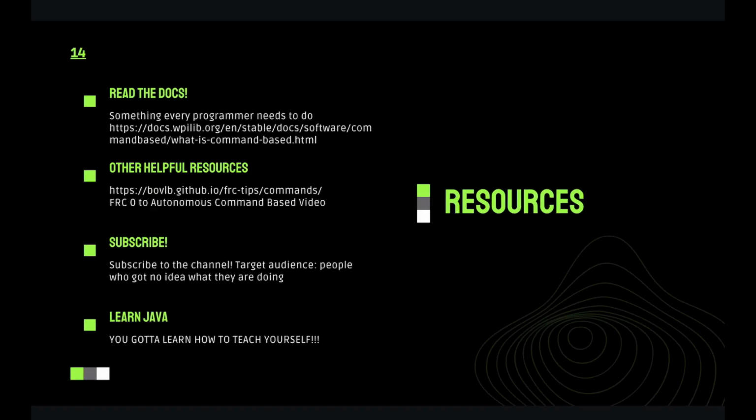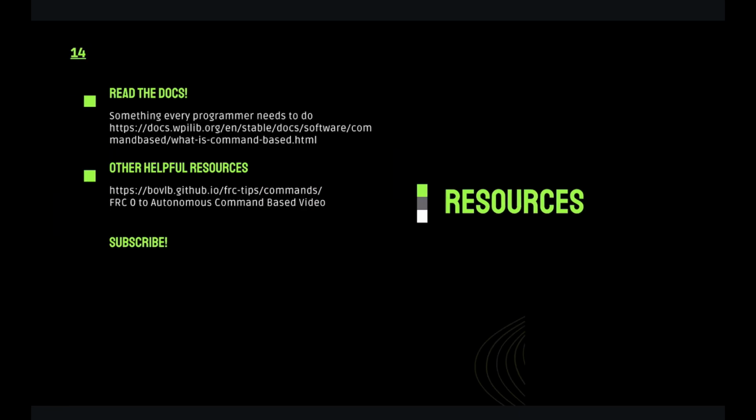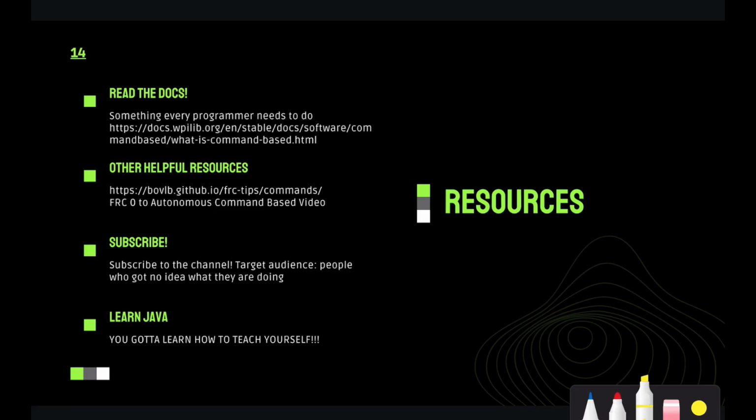Before we get into this tutorial, I want to specify some resources that will help you understand these concepts a lot better. The first thing I want to discuss is reading the documentation from WPILib here. Of course, if reading documentation isn't suited for you, you can also look at some other helpful resources.